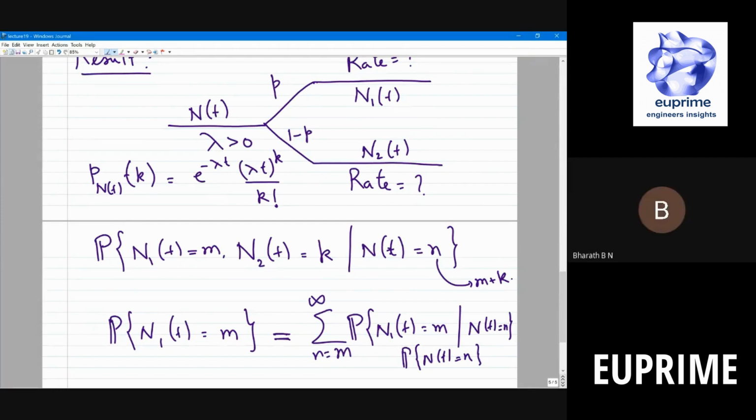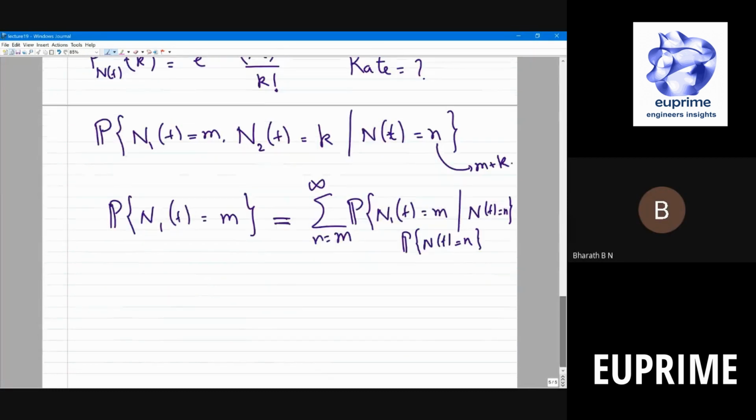So now, what can you say if n(t) equals n? What is the probability that n1(t) equals m? Let's look at this itself. Maybe this is something that you know. If I can answer this, I can also answer the original.